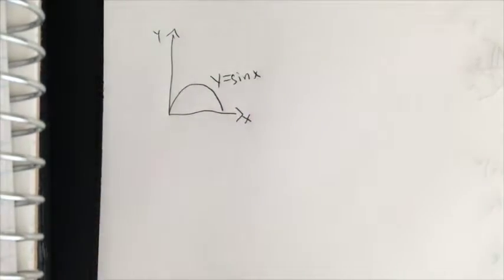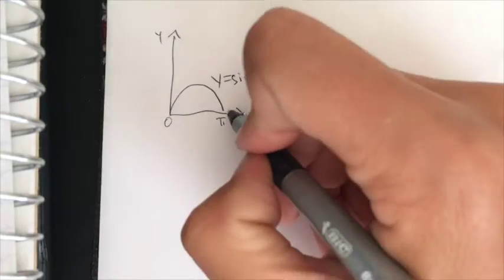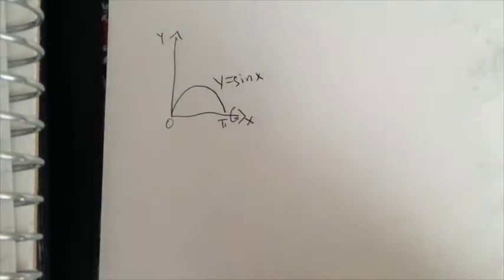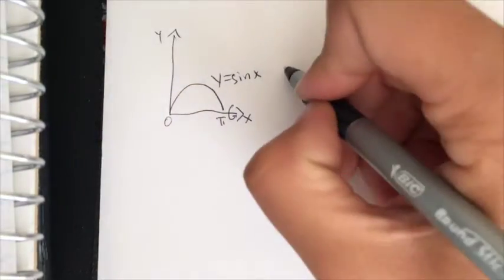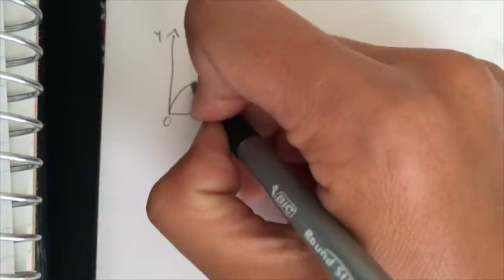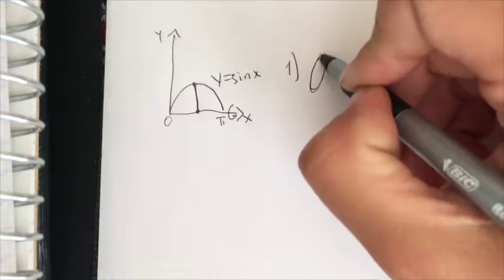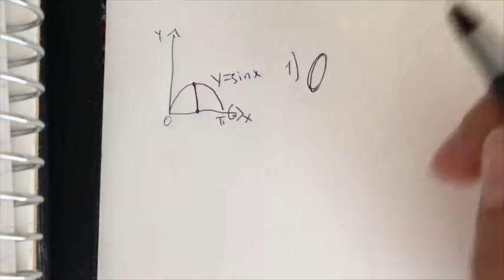So we need to find the volume from 0 to pi, rotating around x-axis. So first step, take a segment. We will take a segment from here to here. Our circle with a thickness dx.